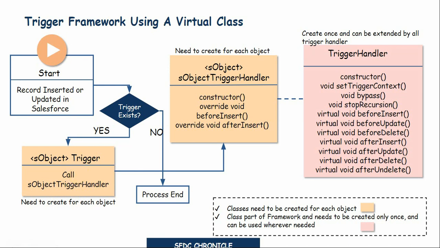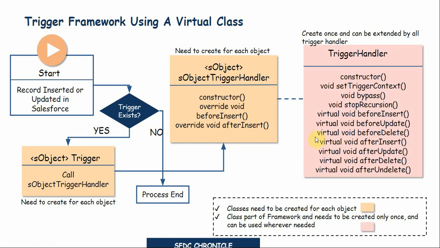In that trigger handler, you need to write all your business logic, and that particular trigger handler should extend the class that is created as part of the trigger framework, that is trigger handler.